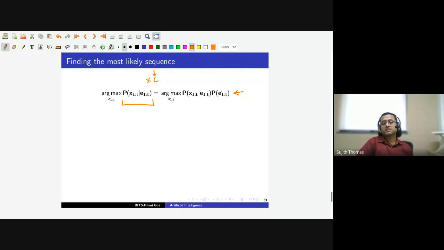This allows us, instead of maximizing the conditional probability, to maximize the joint probability: the sequence of variables which will maximize the joint probability of that sequence and the evidence variables that we have observed. If you have any questions, you may ask.